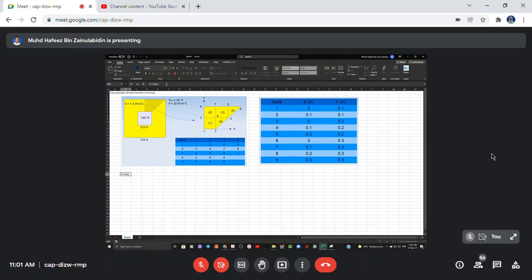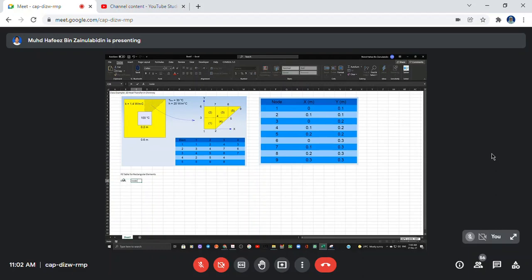First, FE table for rectangular element. So the element.